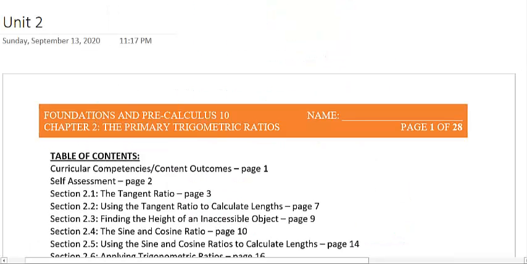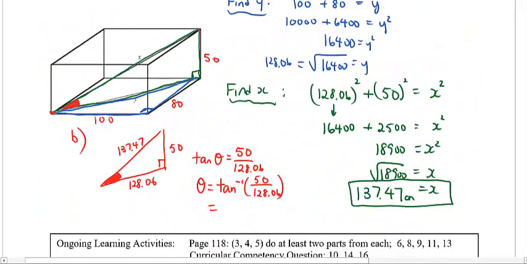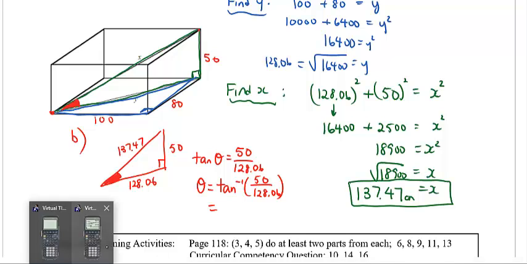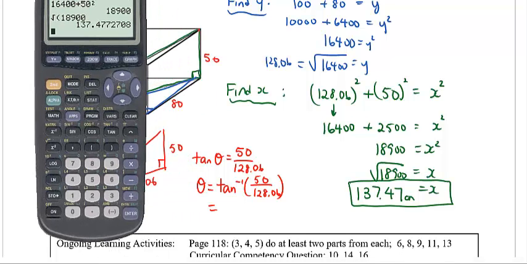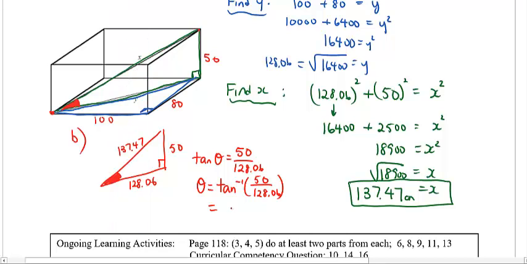Whoa, what did I just press? No. Here we are. Okay. And once again, inverse tangent, shift tan. 50 divided by 128.06. And that gives you 21.3 degrees.